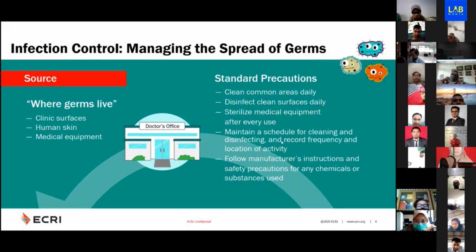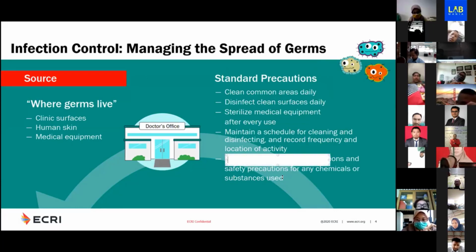Everything that you do, you have to record the frequency and of course where you perform the activity. You also look at manufacturer's instruction. Okay, so if I go part by part, you can see that these are the standard precautions we take, all right, when cleaning or disinfecting medical devices.